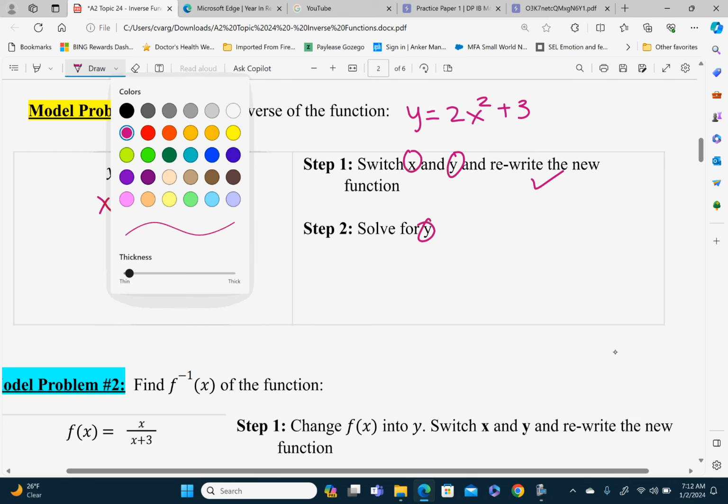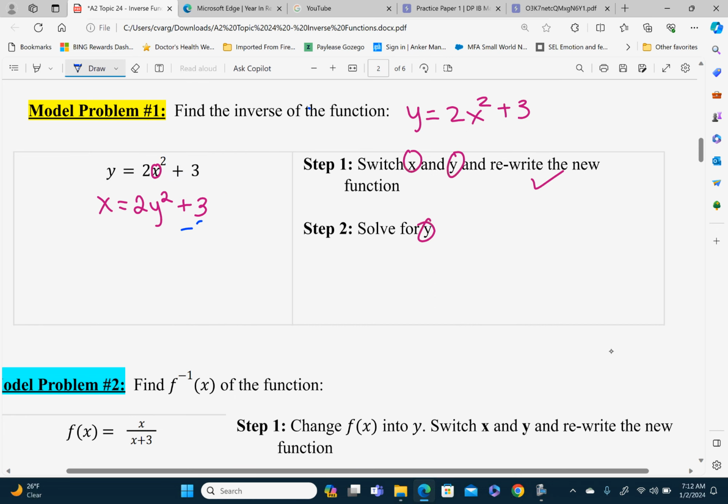So to do that, let me go ahead and just switch the color right here. Let's get the y by itself by subtracting 3. Get rid of that adding, subtracting first. So we have x minus 3 is equal to 2y squared. We're going to save that squared, get rid of that after. Let's divide both sides by 2 first. And now we have x minus 3 over 2 is equal to y squared.